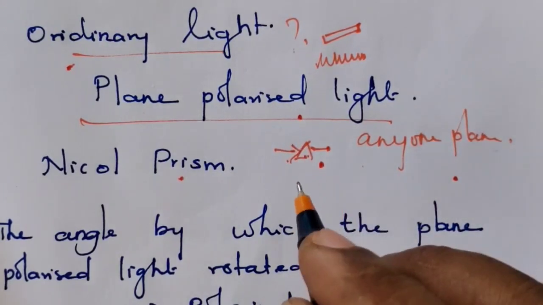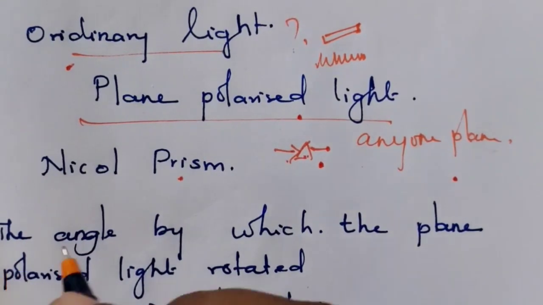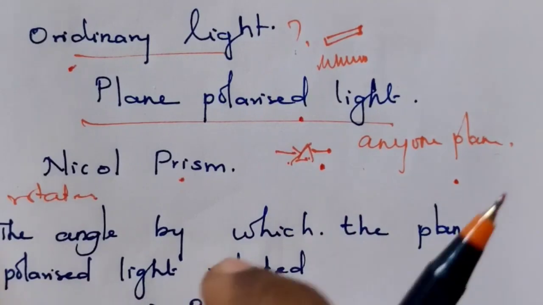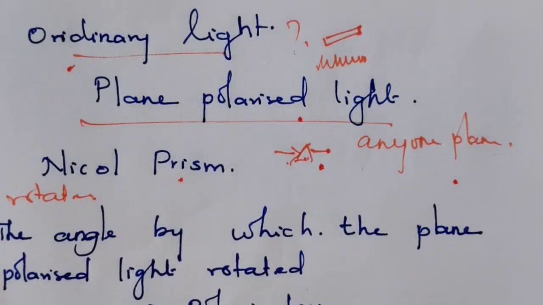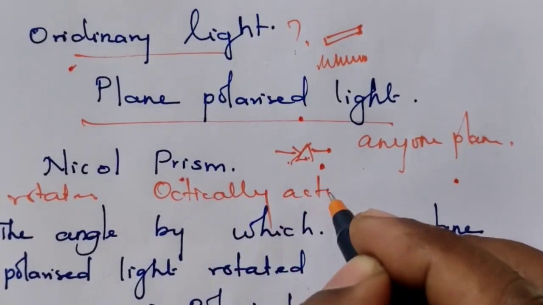When we pass plane polarized light through certain substances, the light rotates. Such substances are called optically active substances. That means a substance which rotates the plane polarized light is known as optically active.